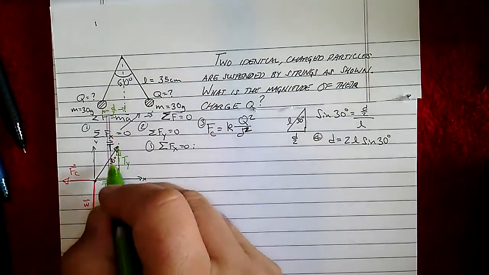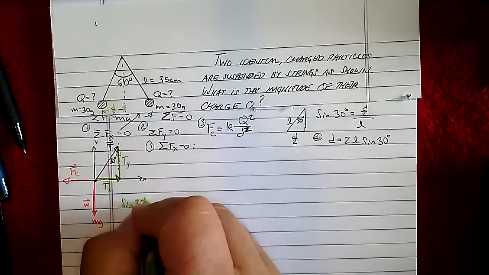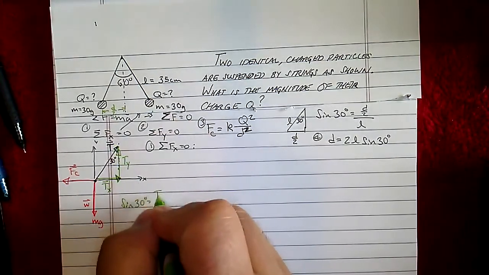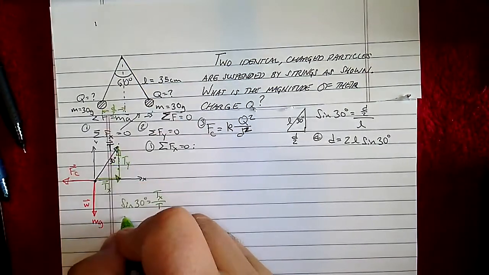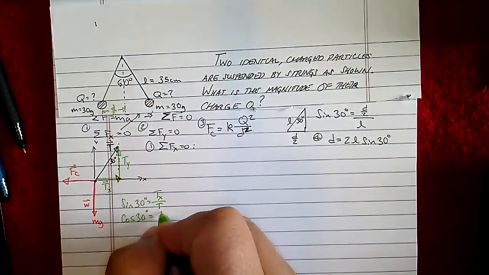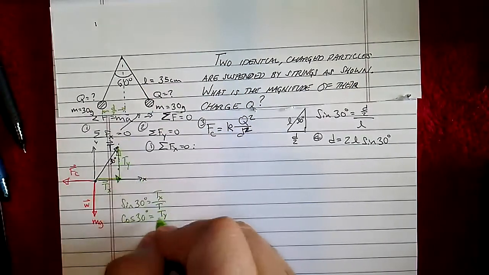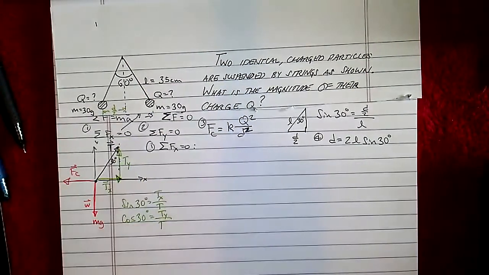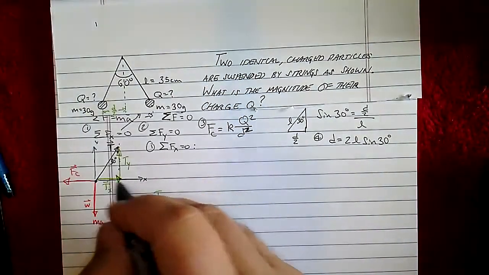So this is the opposite of the 30 degrees. So the sine of 30 degrees is equal to opposite, which is T sub x, over hypotenuse, which is just T. Similarly, the cosine of 30 degrees is equal to T sub y, which is adjacent, over hypotenuse, which is T. So now that I have that, I can work out the x and y components.